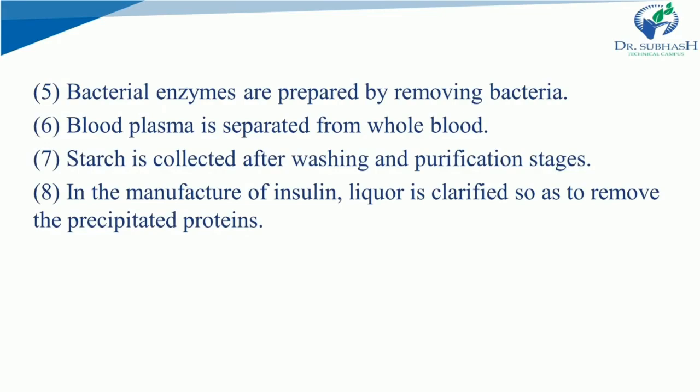We have studied in filtration that clarification is a type of filtration, which means in the manufacture of insulin, the liquor is filtered or separated. You can easily call it a type of separation, to remove some of the precipitated protein that is not required.